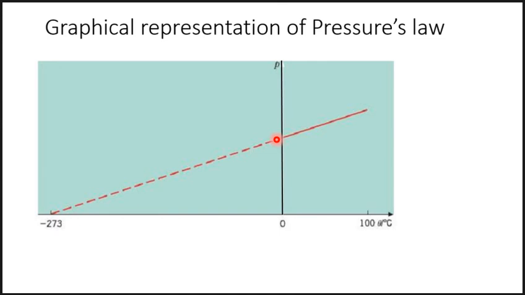Now for a gas to liquefy at a given temperature, some amount of pressure must have been exerted on that gas, and that amount of pressure is simply the pressure in this region when the temperature is 0 degrees Celsius. Now if we go below 0 degrees Celsius in this direction, then I will have the lowest temperature, which is also regarded as the absolute temperature in Kelvin.